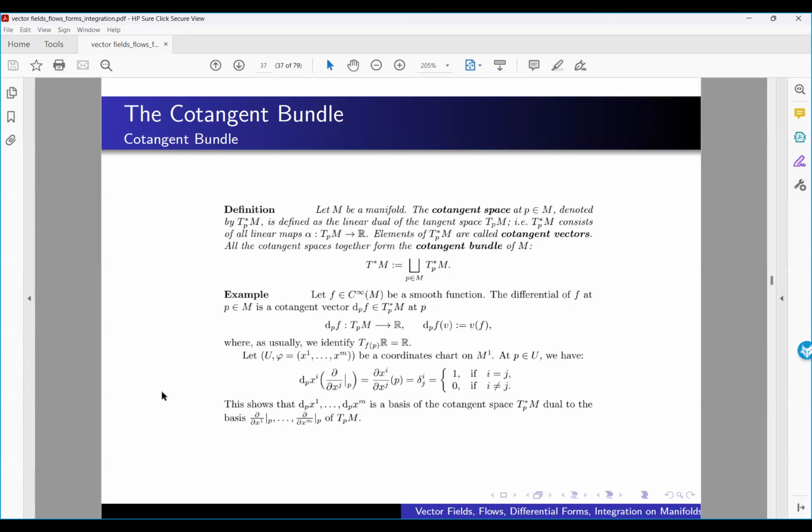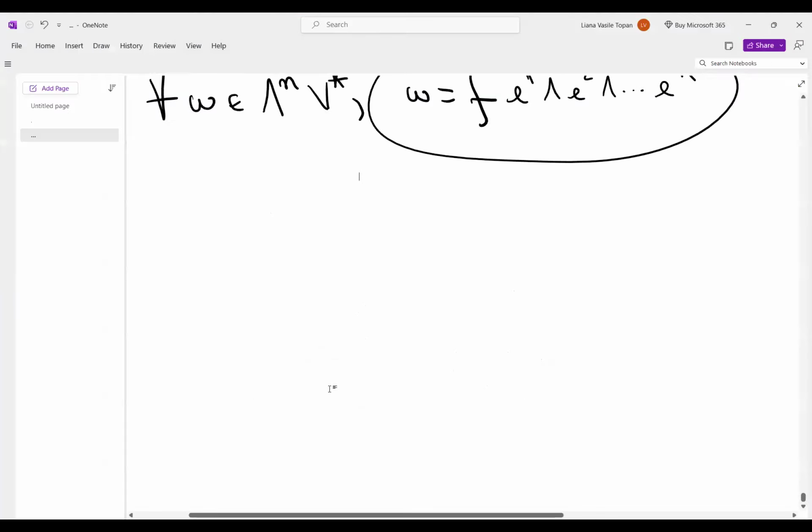Now, this is called the cotangent space when the vector space is a tangent space, and the elements are called the cotangent vectors. So let me write this because we are going to use it heavily in what follows.